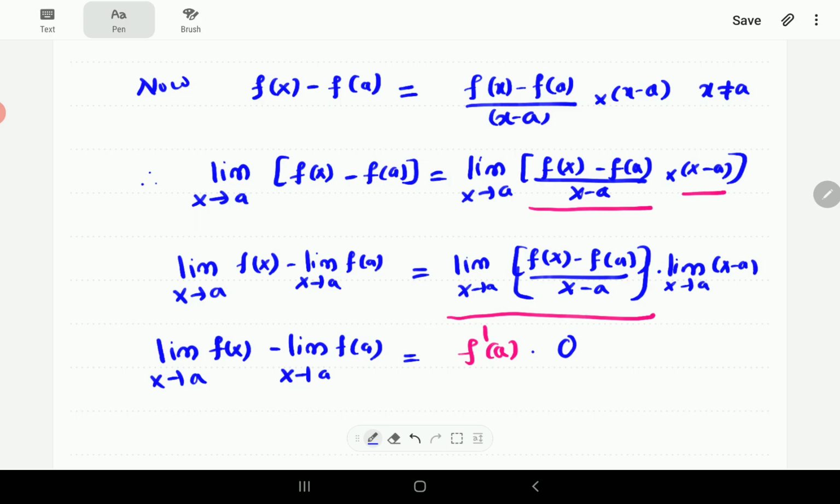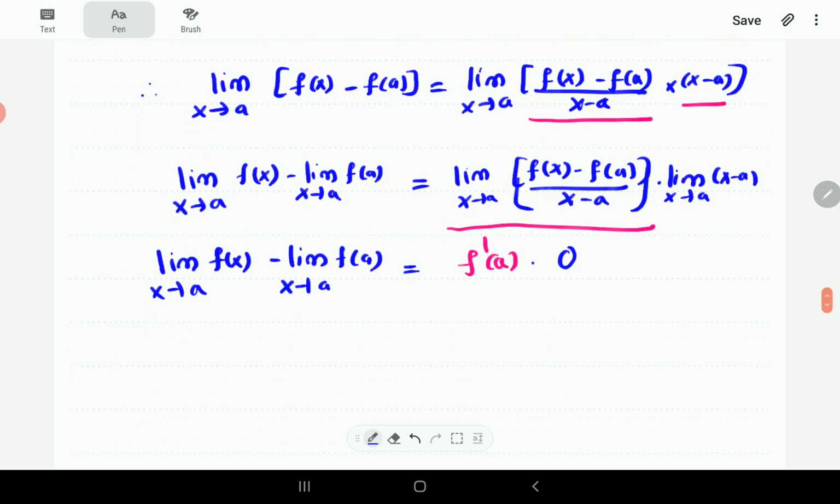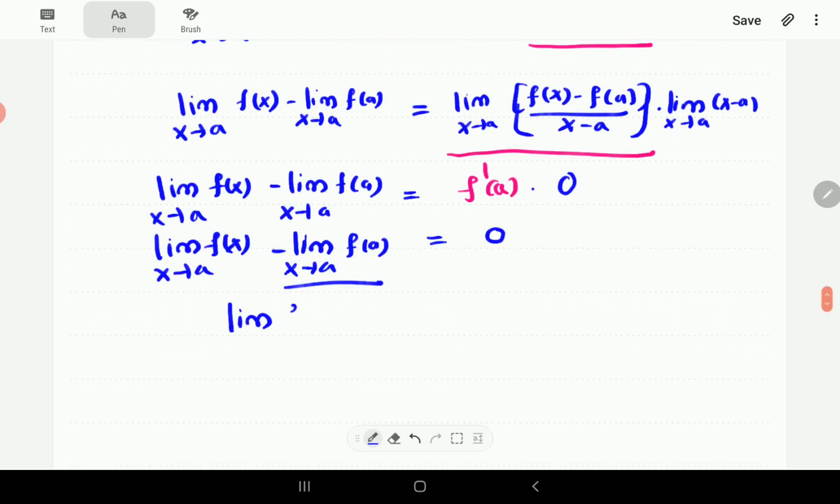On the right hand side, anything into 0 will be 0. So I take this entity to the other side, and I get the limit of f of x as x is tending to a is equal to the limit of f of a as x is tending to a. As you know, the limit of f of a as x tending to a means this entity is free from x.